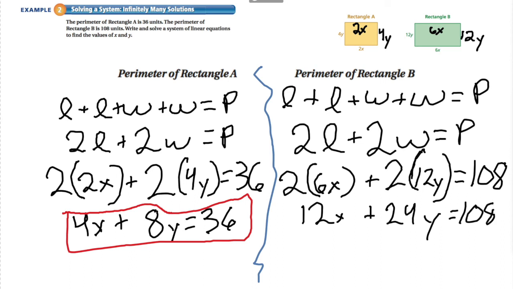Okay, now we've set up our system, and we know that this is our second equation over here.